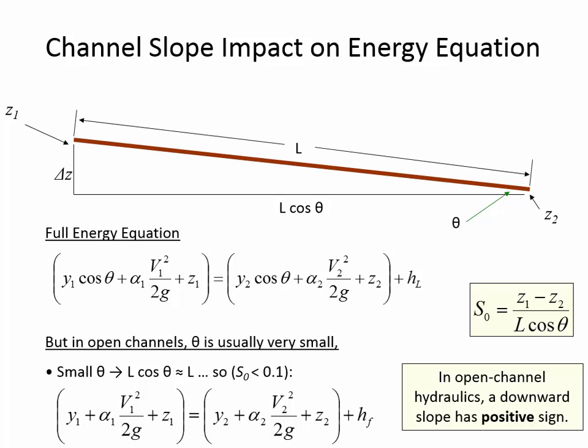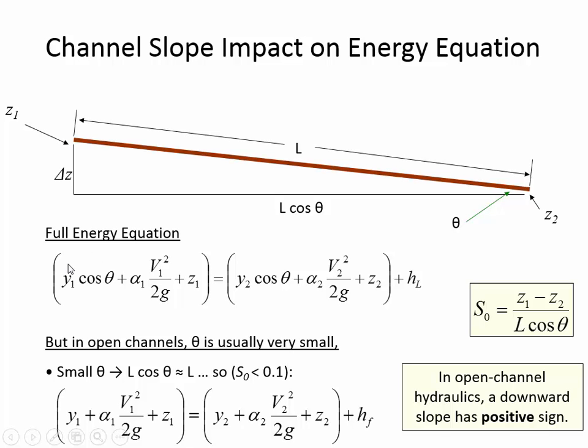Okay, let me bring up one point that I won't spend too much time on, but I do want to make you aware of. And that is that in the energy equation, it is actually the depth of flow times the cosine of the angle that goes into the energy equation.